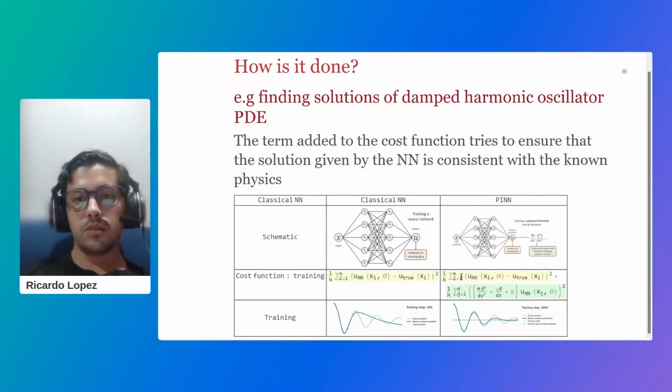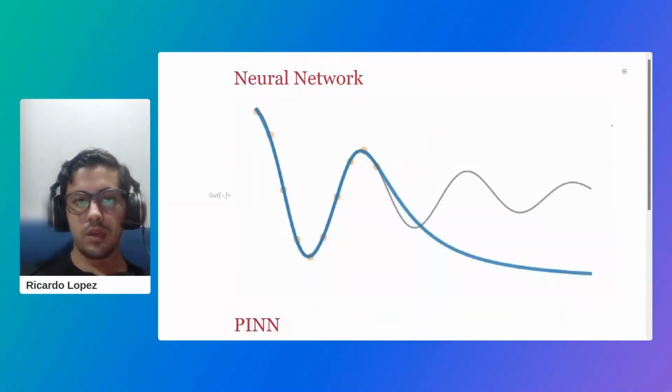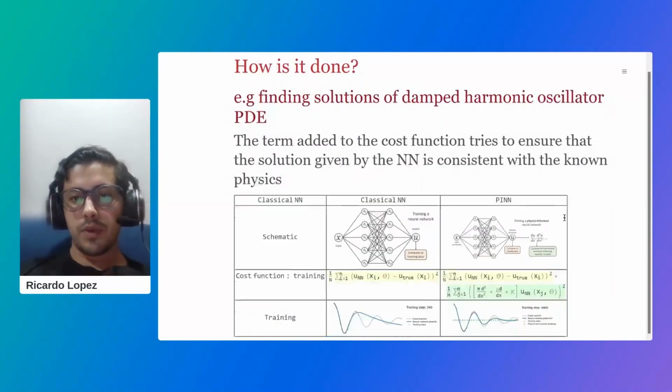Here you have two terms. You have a term that depends on the training data that you have. In the case of the harmonic oscillator, these are the training points shown here, although maybe you cannot see them very well. But the green part is where you would write the residual of the partial differential equation that you will try to solve. So that would be the answer.